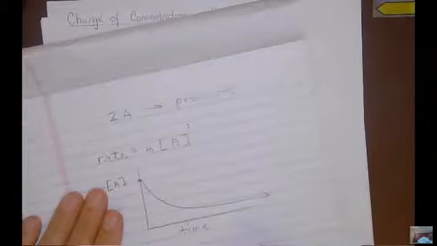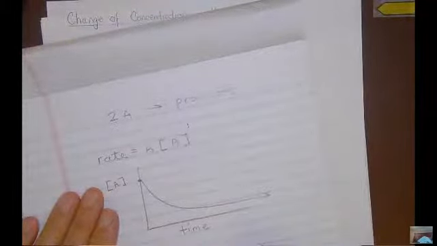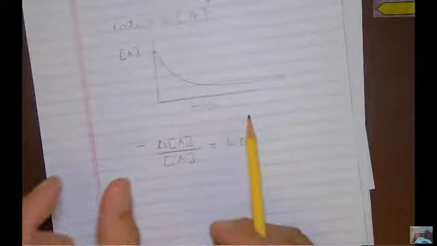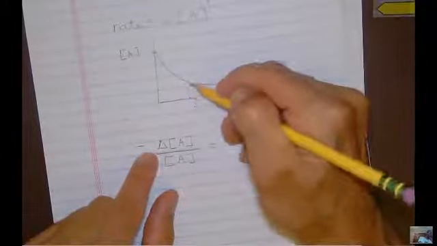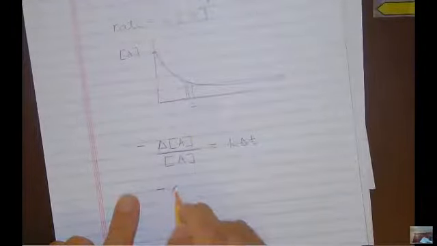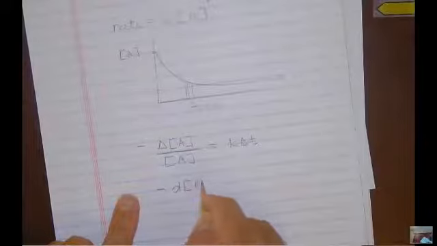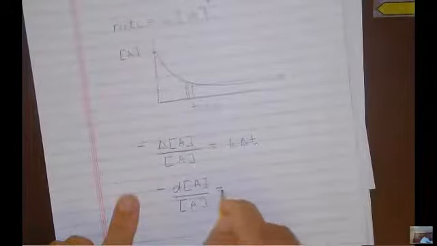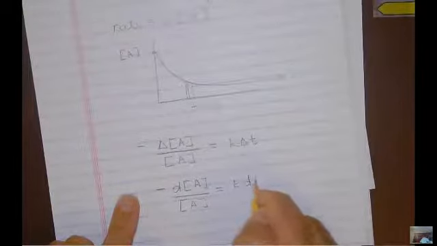So the next thing that you would do, only for those people who are taking calculus, and this class does not have a calculus requirement, is you would say, okay, well, let me not take a big chunk of delta A and a big chunk of time, like look at it from here to here, but let me take an infinitesimally small little piece, and that would change this to dA over A equals k dt.